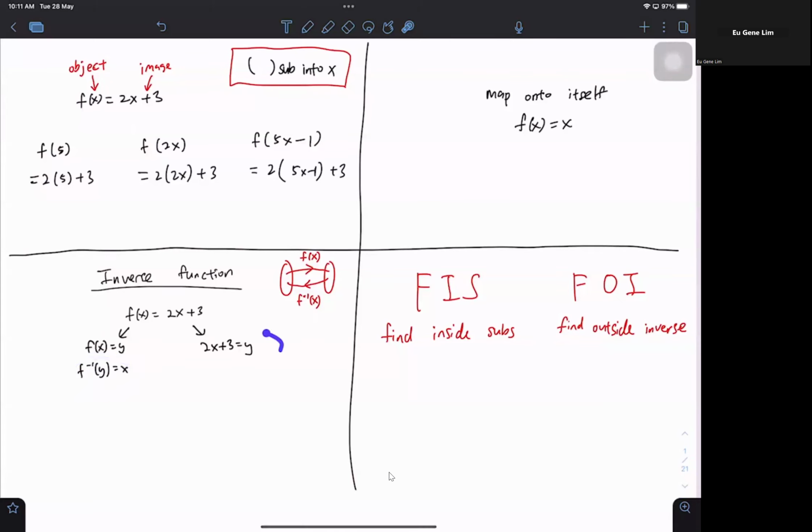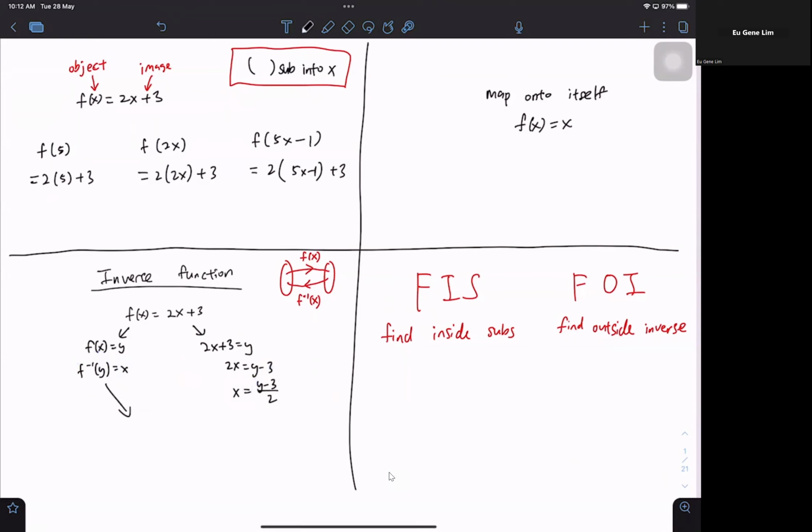Then for the other side, you bring the number over to the other side and find out the x. So 3 brought over becomes minus 3. Times 2 brought over becomes divide by 2. So x equals (y - 3)/2. Once you find out the x, you see these two x are actually the same, so you put them together.